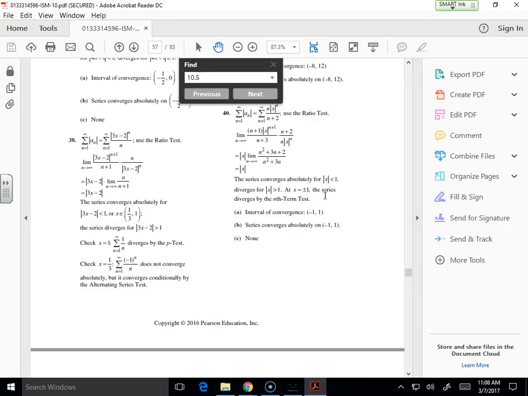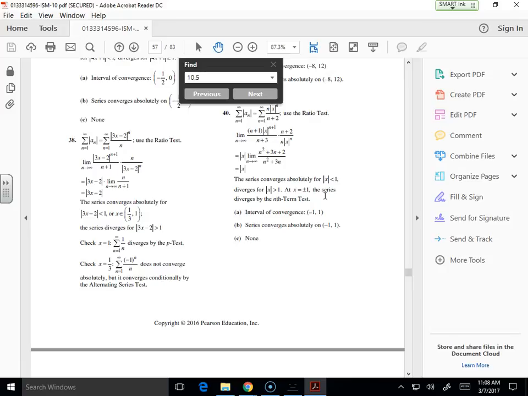Okay, on this one, Misty, when I was asking you about the interval of convergence, at 1/3 it converges conditionally because it's an alternating series.